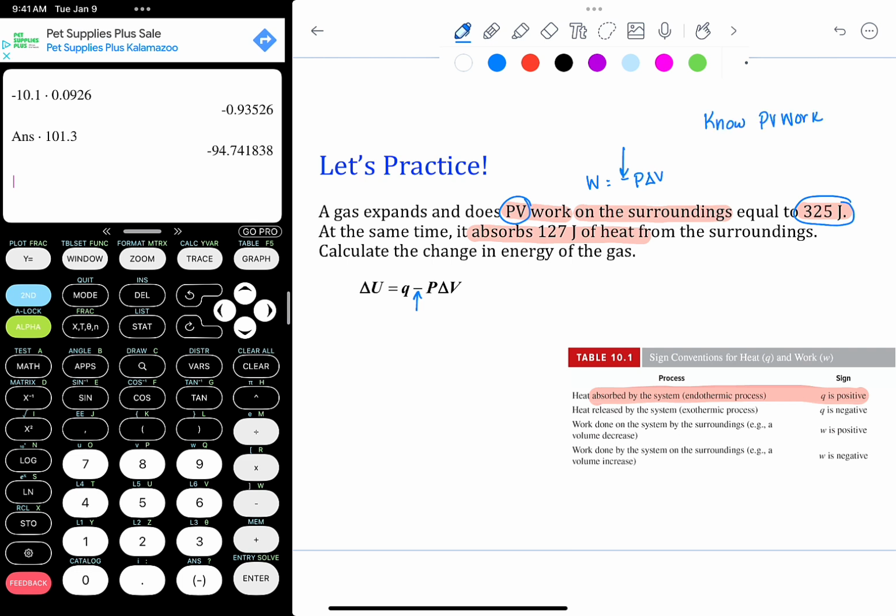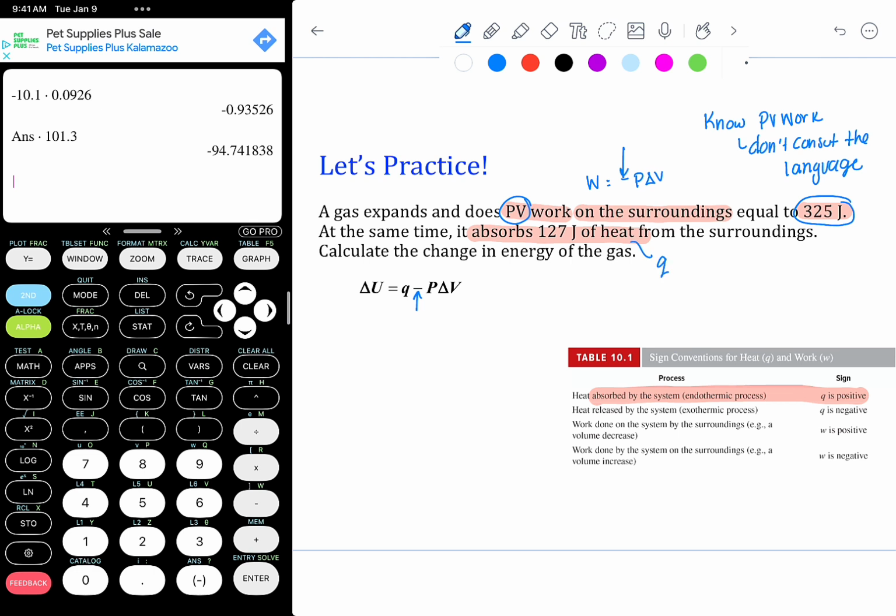So we know that Q is going to be positive.